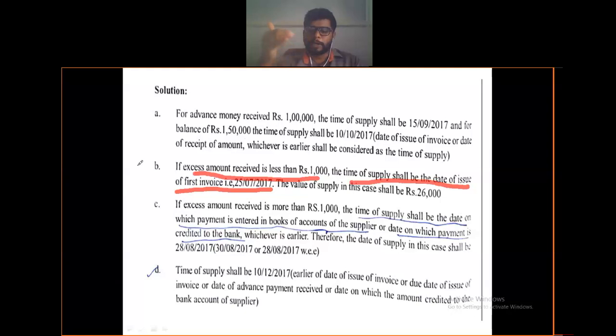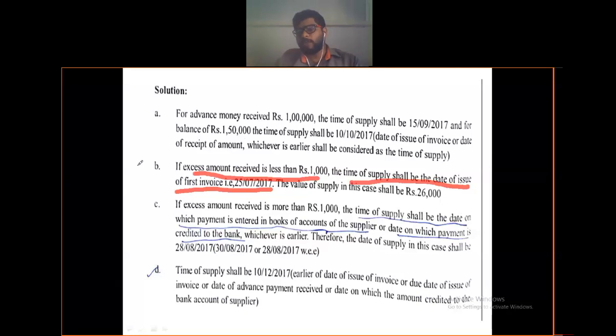That comparison I will tell you in the next case. But in simple, if the excess amount is less than 1,000 rupees, the date of first receipt is considered as a time of supply. So here first receipt date is 25th July 2017. Therefore, time of supply is 25th July 2017 only.